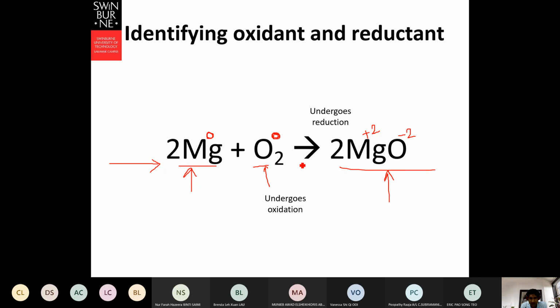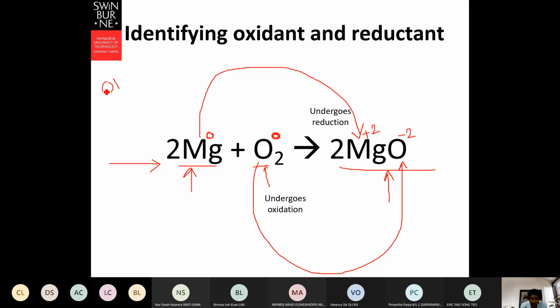Now you tell me what is happening. Is it oxidation or reduction, or is it oxidation and reduction? Which one is happening? Magnesium released or lost 2 electrons. So OIL RIG: oxidation is losing, right? So oxidation is happening here. Magnesium goes under oxidation.